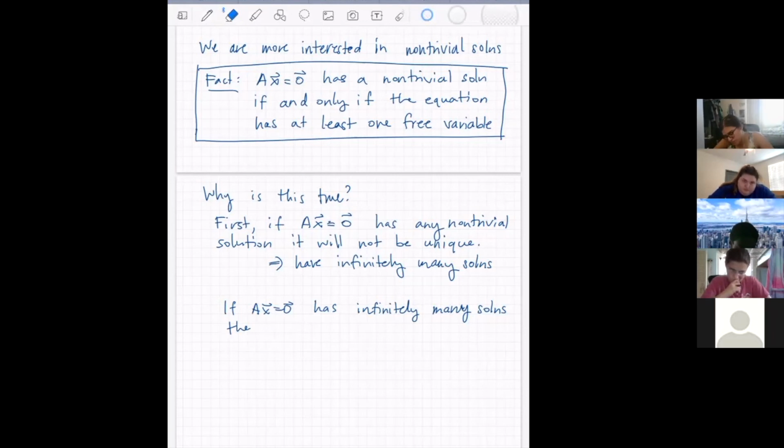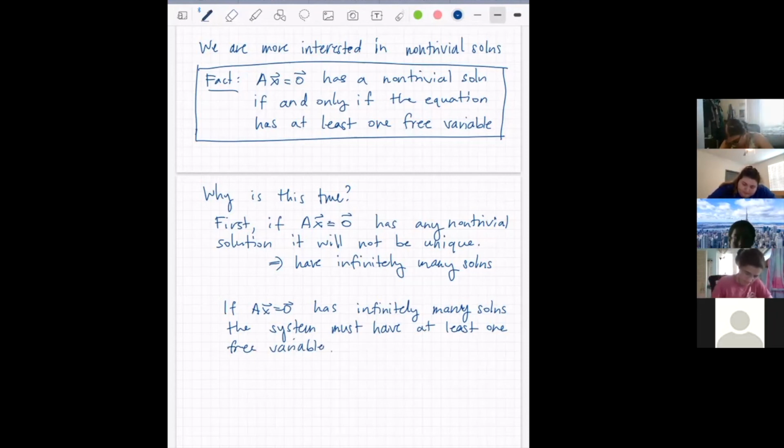Yeah, that's fine. Or system. Okay, is that part clear for everybody? So if we have infinitely many solutions, we should have a free variable.